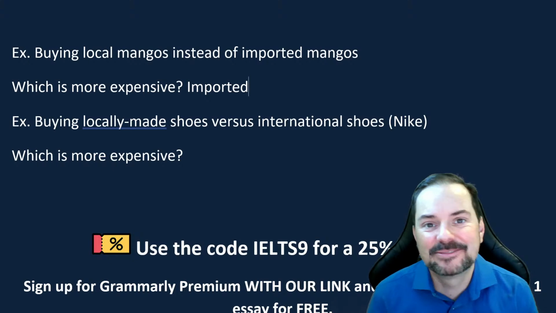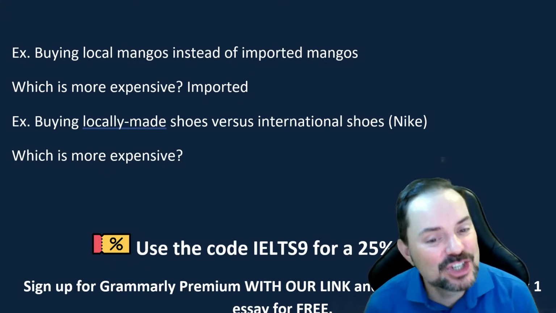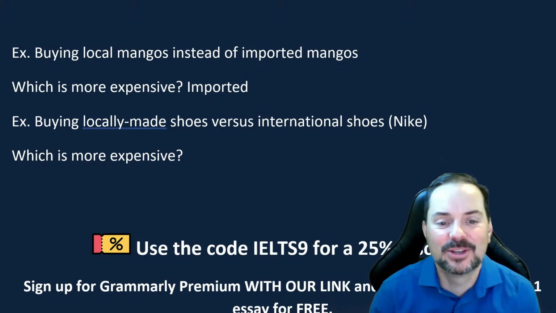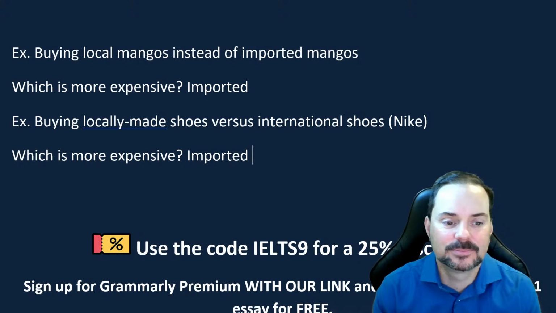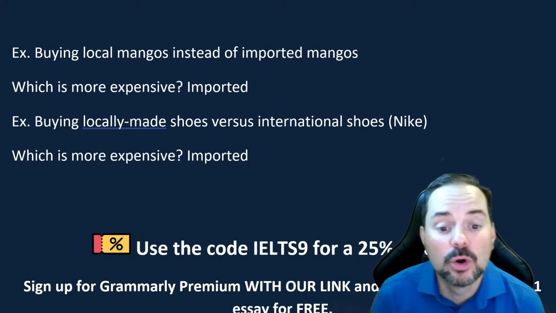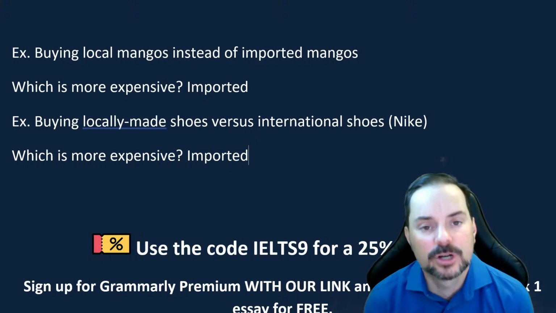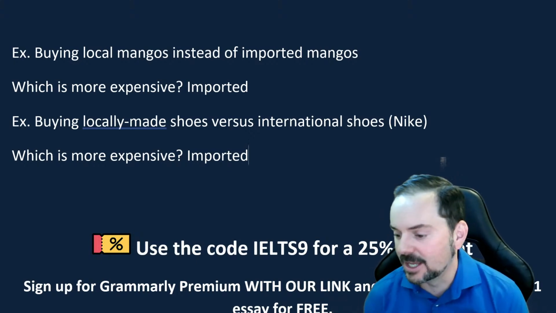It's different in different countries because in Canada, imported is often cheaper than local. So this is where you have to be very good at explaining your ideas to the reader. Local shoes in Canada that are made by hand are going to be way more expensive than imported shoes like Nike.